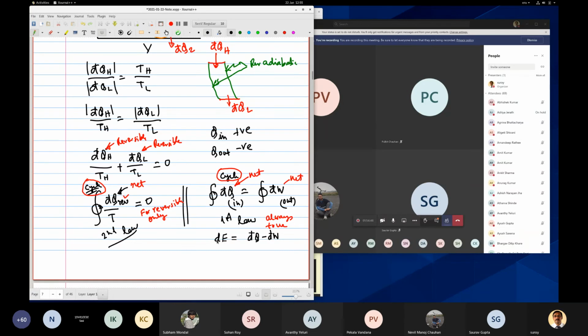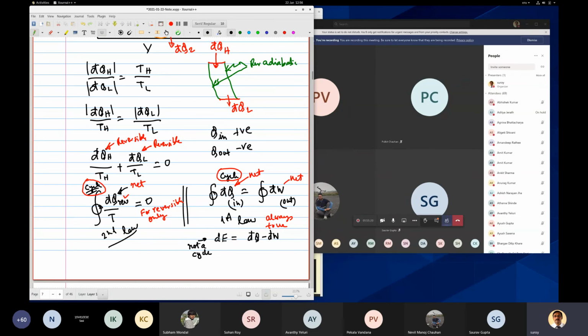If it's a cycle, then dq net is equal to dw net. But if it is not a cycle, then dE is equal to dq minus dw. So if it goes in a cycle, then this one will become 0 in a cycle, because E is a state function. That's why I wrote dE.